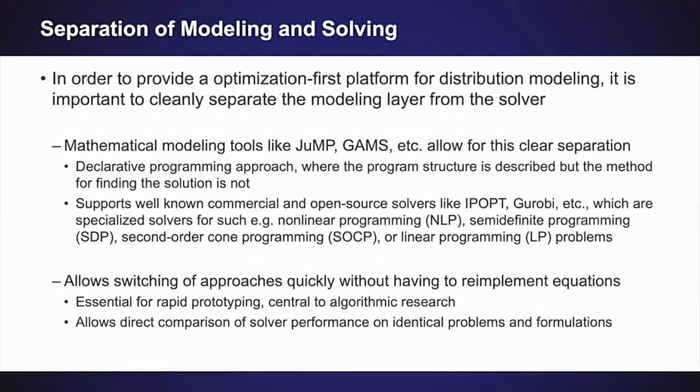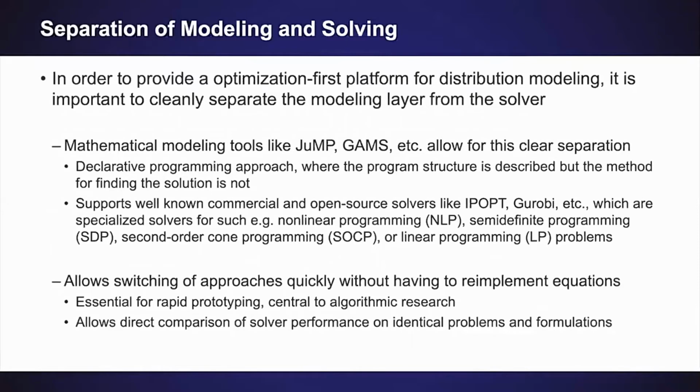So what does creating an optimization-first platform for power systems modeling mean in a practical sense? What requirements do we have? First, separating modeling from the solver algorithms is very important.